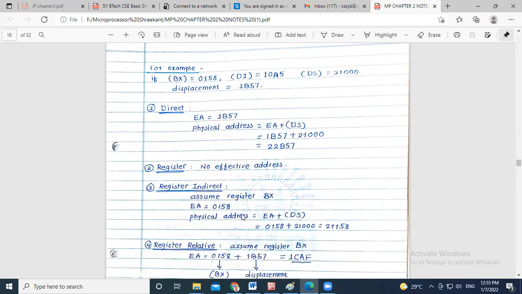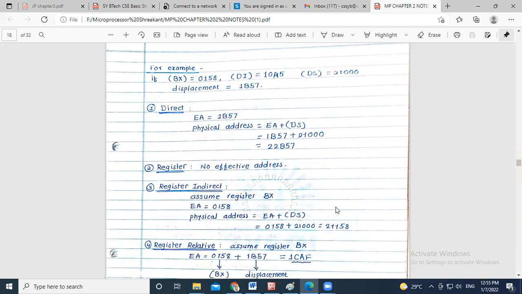What is the physical address formula again? The effective address plus the data segment DS. So the effective address is 0158 plus the data segment, whose value is given as 21000. You have to add these two values.